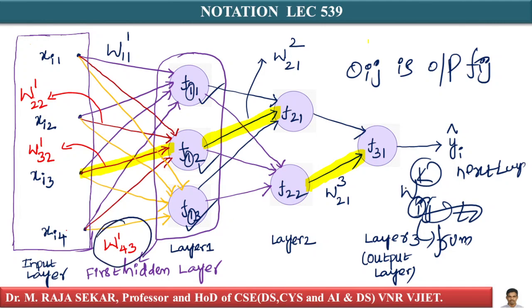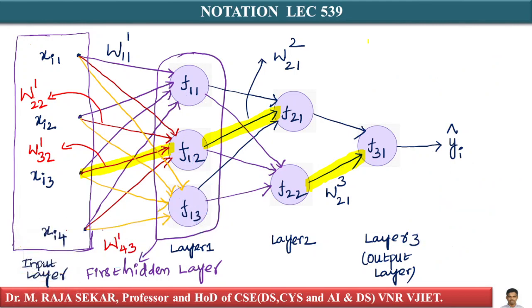Just see, this is K. K means it's going to the first layer, from the fourth input to the third output, like this. Wij is from this to this. It is simple notation. I would recommend that you draw it on paper and practice this numbering a little.